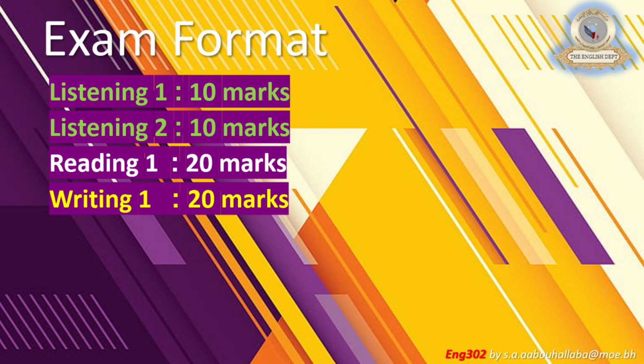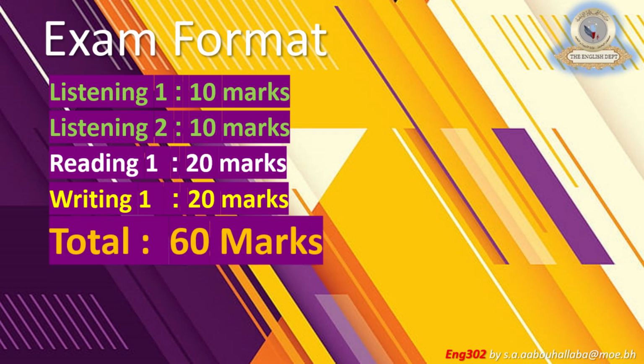Remember that you are going to have 2 writing tasks to choose one of them. So you are going to write only one task, but you will have the choice to choose A or B to write about. These are going to make 60 marks altogether. We add them to the 40 marks that you had during your classwork, and this will make the 100 marks for this Eng302.